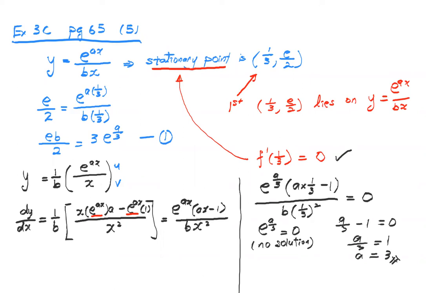So I can get a already. Now I sub a into equation 1, so I will get my b. So e times b over 2 is equal to 3 e to the power of 3 over 3. So my b will be equal to 6.